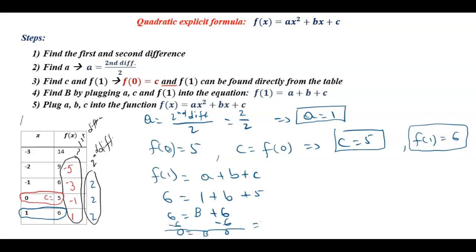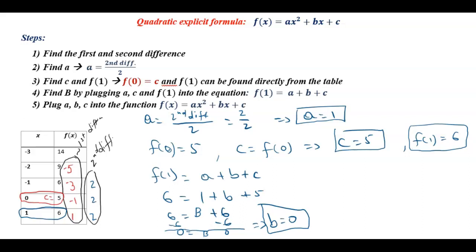So we're going to have the value of b equals 0. So now we have b is 0. Now we've got a is 1, c is 5, b is 0. When b is 0, that means you do not have the x term. So all you're going to have is the a term and the c term.